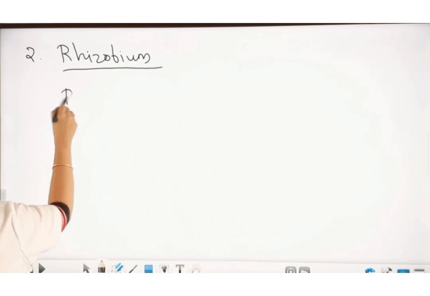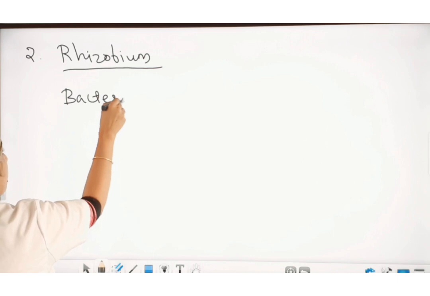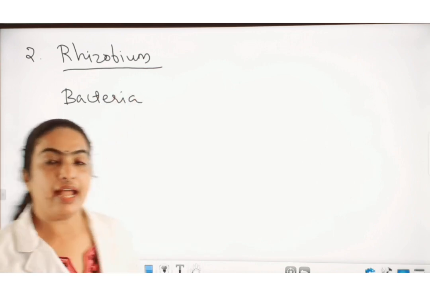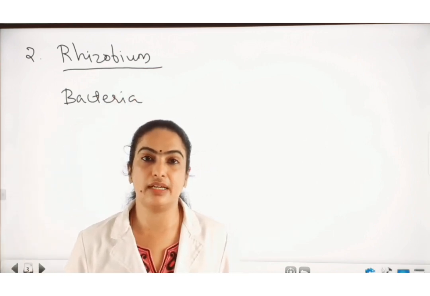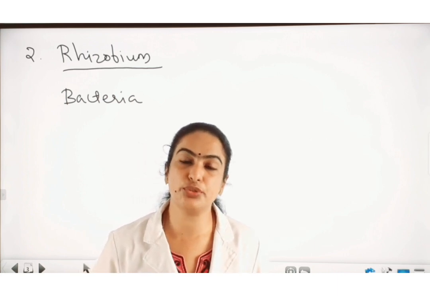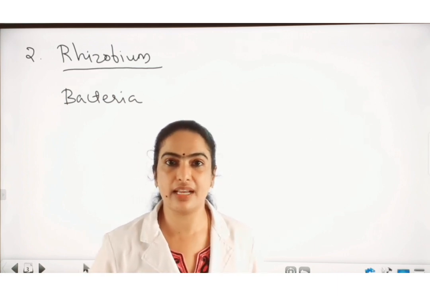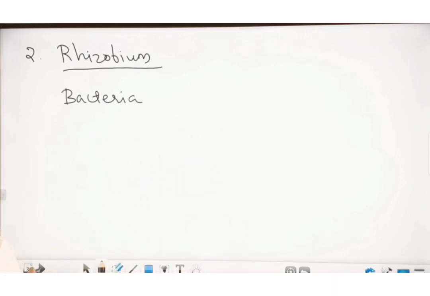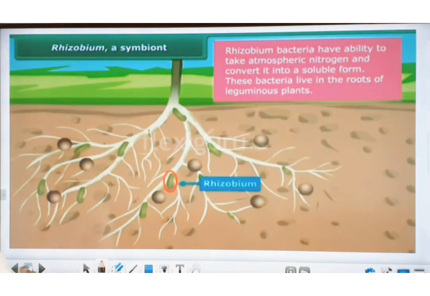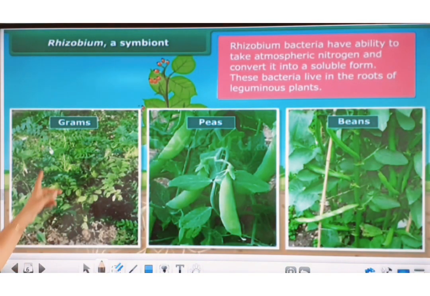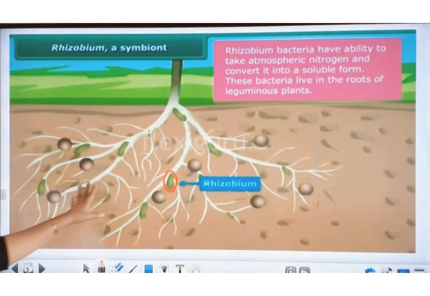So these belong to bacterial group. And this rhizobium live in the roots of leguminous plants. I will show you the leguminous plants. So these are the leguminous plants. Grams, peas, beans, etc. are called leguminous plants, and this is the rhizobium.